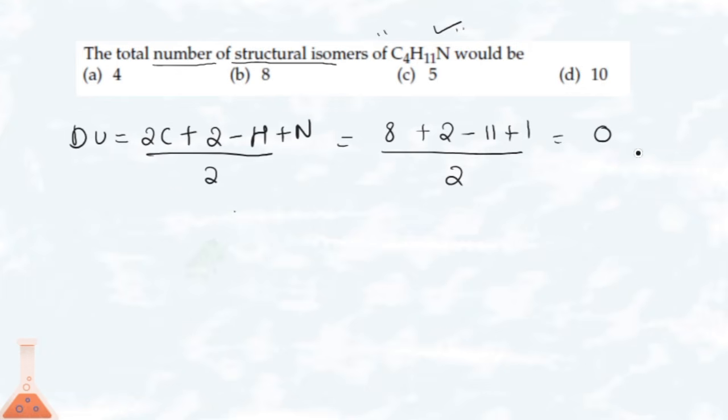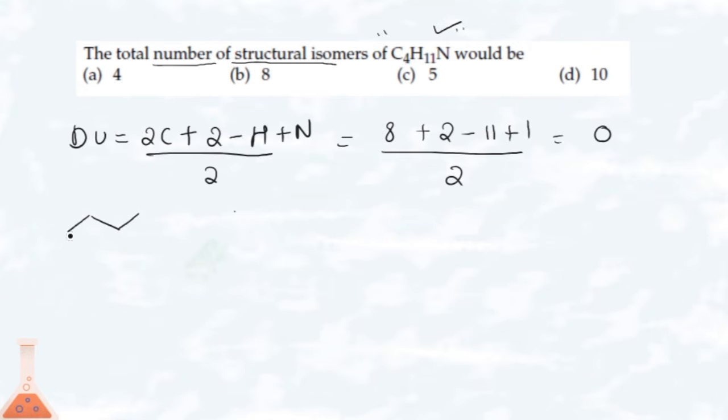Since the degree of unsaturation is 0, you have to draw different saturated molecules and exclude the optical isomers. So how to do that? First, you write down primary amines, because there is a nitrogen as a heteroatom here and there are 4 carbons.